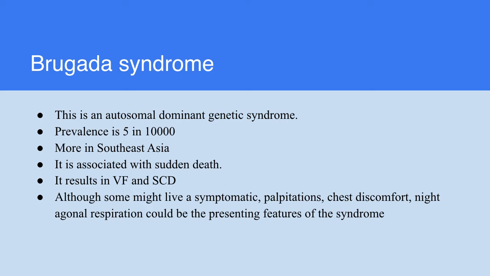It's an autosomal dominant condition and usually presents with different presentations like palpitations, chest pain, night agonal respiration, and it might present for the first time, unfortunately, with sudden death. The commonest cause of death would be ventricular fibrillation, and it leads to sudden cardiac death or arrhythmia leading to death.